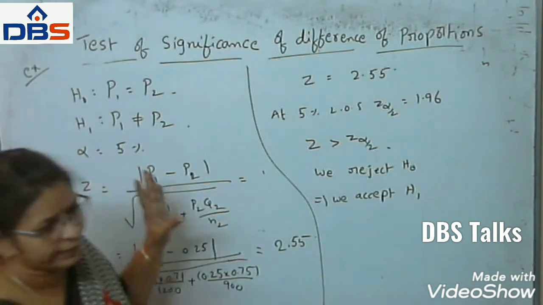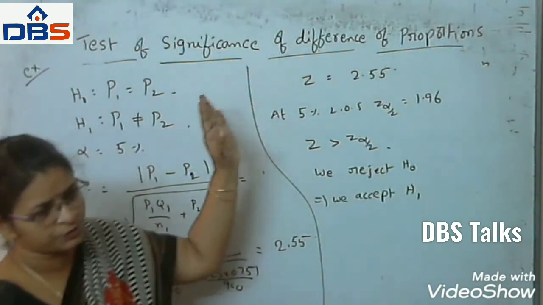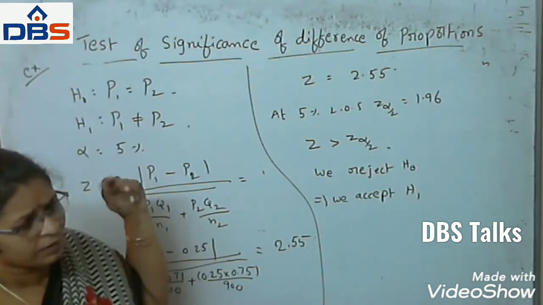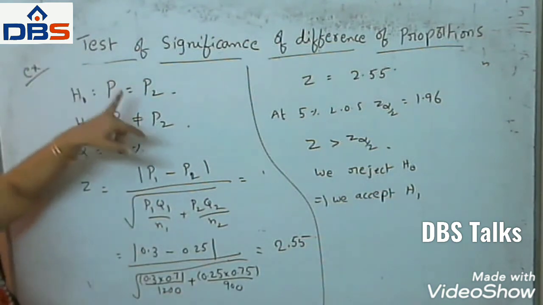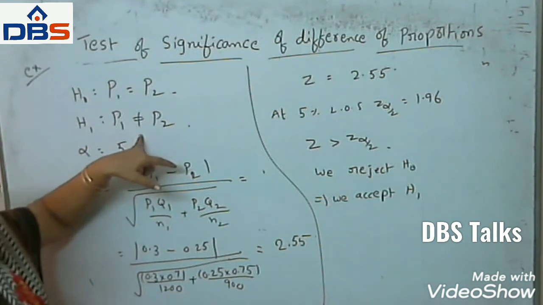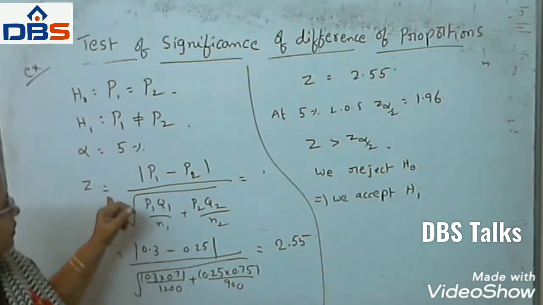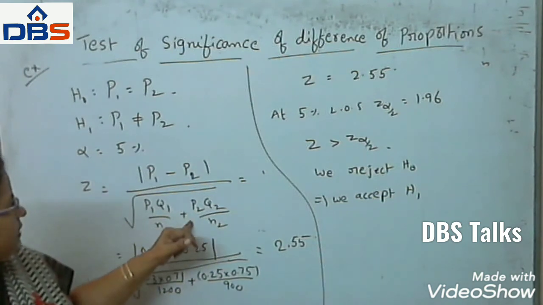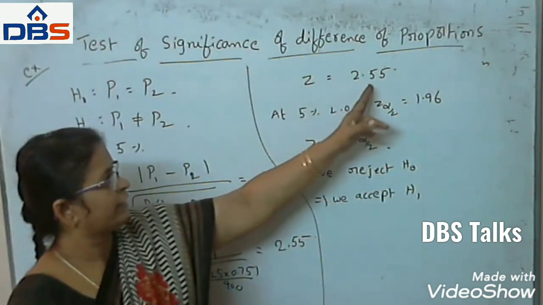So first you have to write down the given data: the first population proportion P1 and Q1, P2 and Q2. Next, we set up H0, whether the two population proportions are equal or not. So we assume P1 equal to P2. Next, H1: P1 not equal to P2, alpha 5%. Using the formula of Z, modulus of (P1 minus P2) by root of (P1 Q1 by N1 plus P2 Q2 by N2), the Z is 2.55.